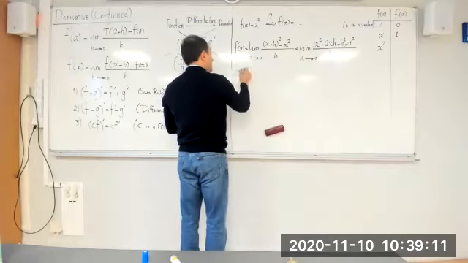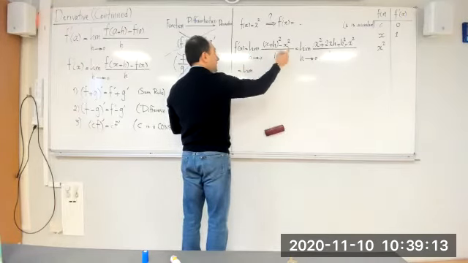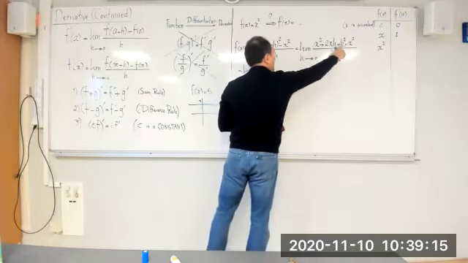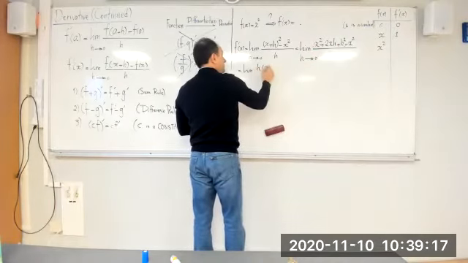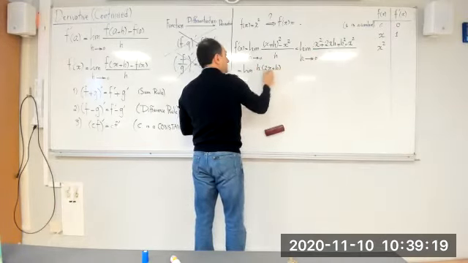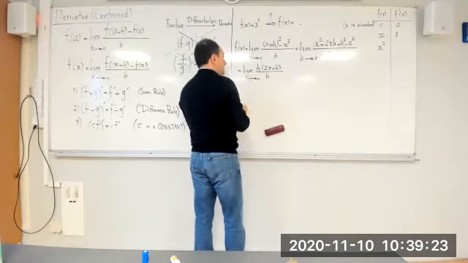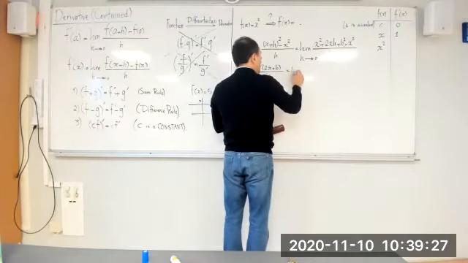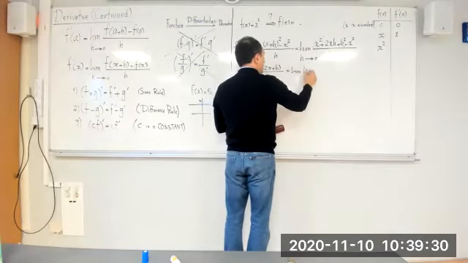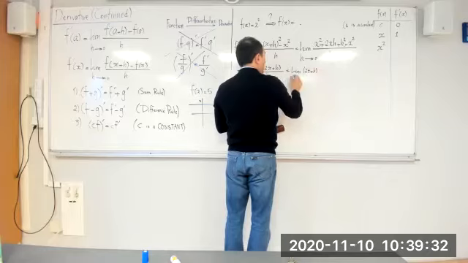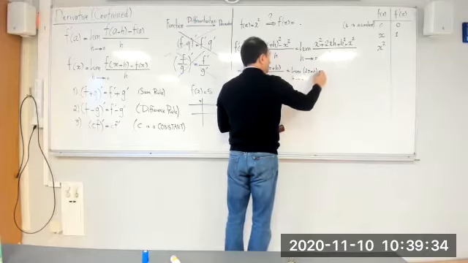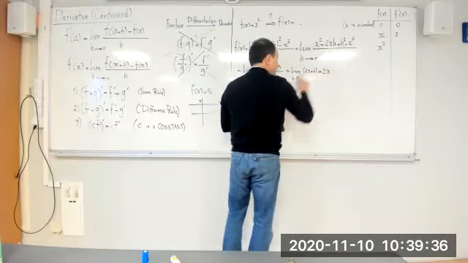And then this limit is the limit of 2xh, and I can factor h out, so it becomes 2x plus h, and then divided by h goes to 0. Yes? And now I can simplify this h with that h, and then what is left for me is the limit of 2x plus h. And h goes to 0. And the answer becomes 2x.